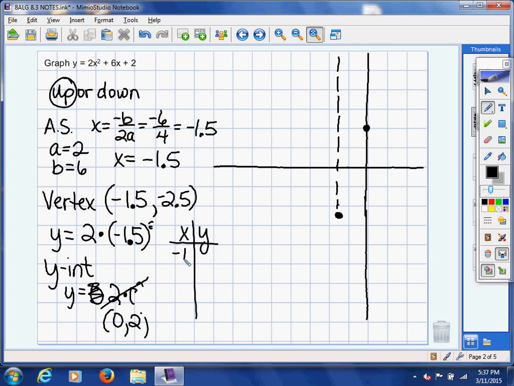So what you'll need to do in your calculator is this: 2 times -1 squared plus 6 times -1 plus 2. So I'm writing it just like you should be plugging it in. Okay? Put parentheses around that -1, especially when you're squaring it.